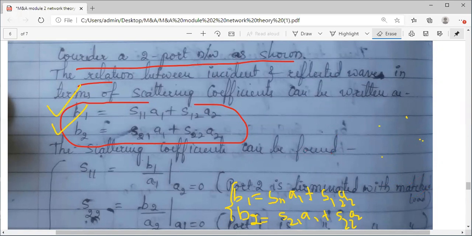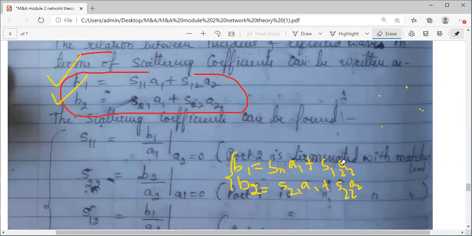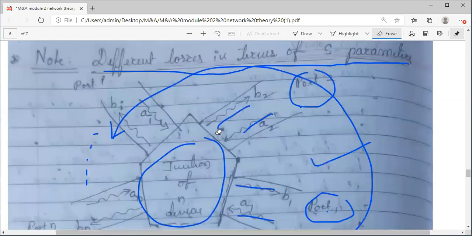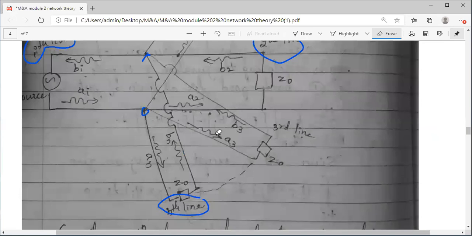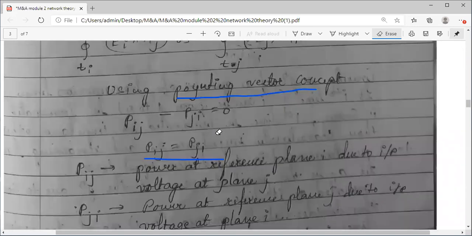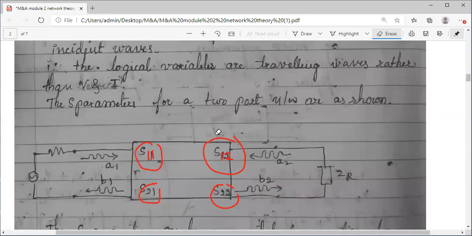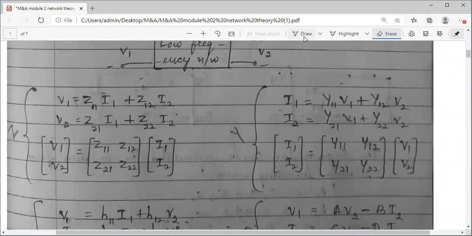You should make one of the variables 0, then you can find these parameters. I will give you one example for Z parameters, and the same we will apply for your S parameters.